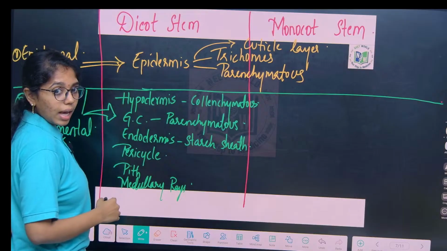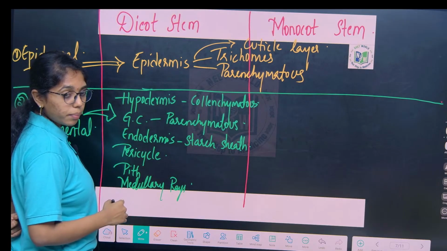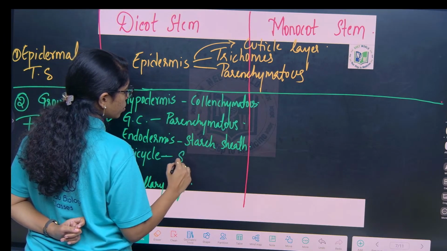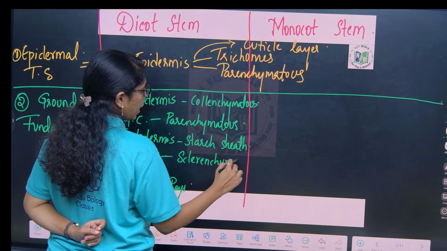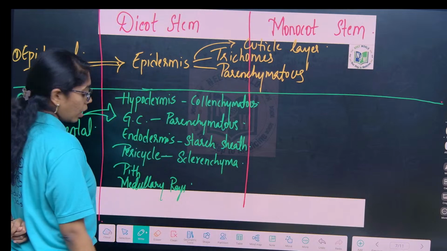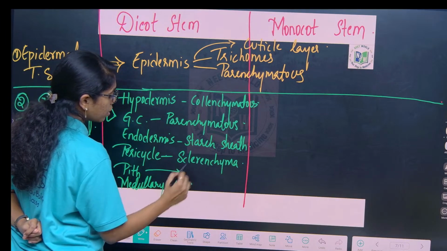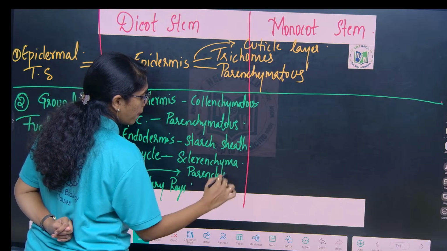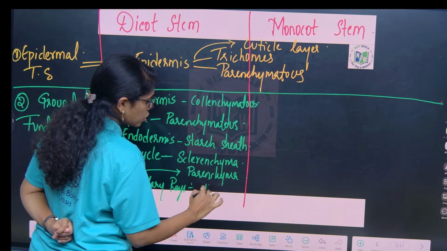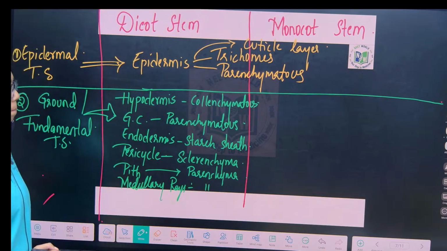Pericycle has semi-lunar patches made up of what tissue? Sclerenchyma. And then pith is again parenchymatous. Medullary rays are also parenchymatous.